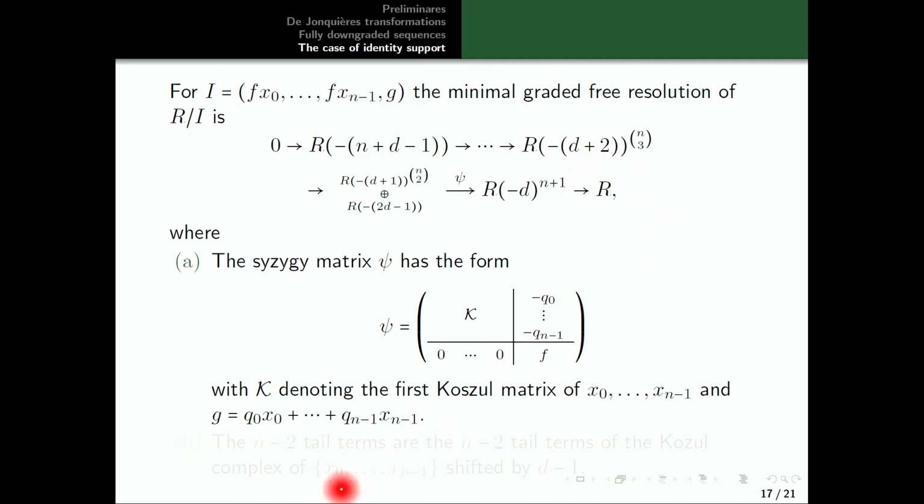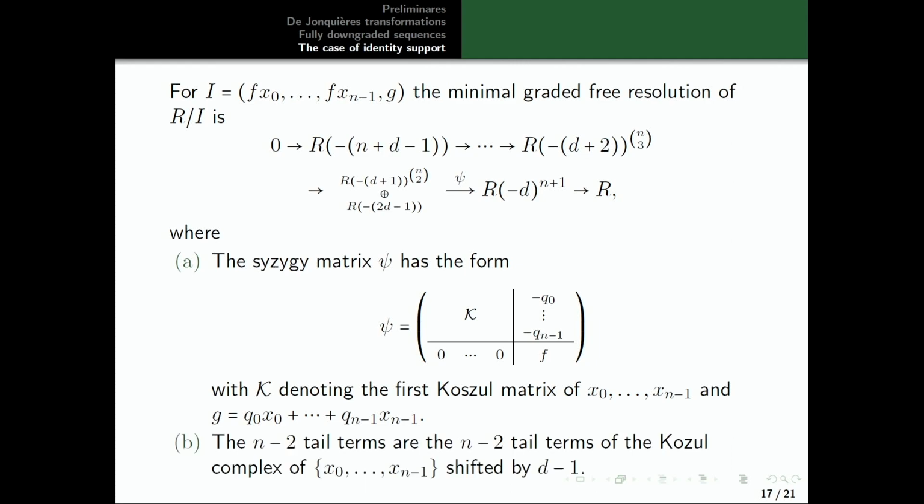And the n minus 2 tail terms are the n minus 2 tail terms of the Koszul complex of this regular sequence.